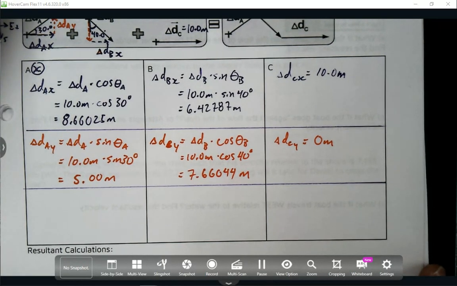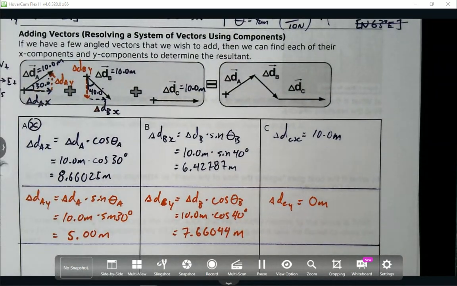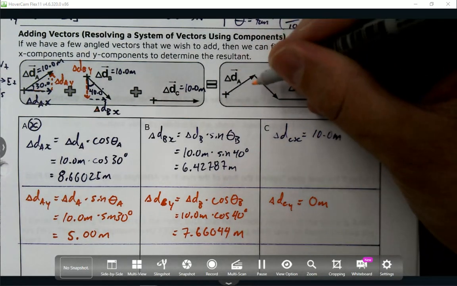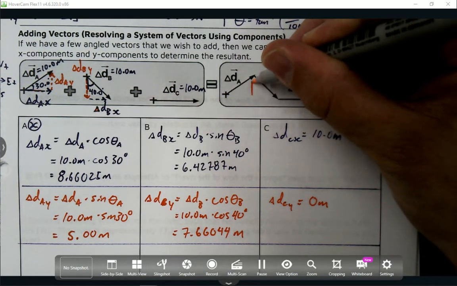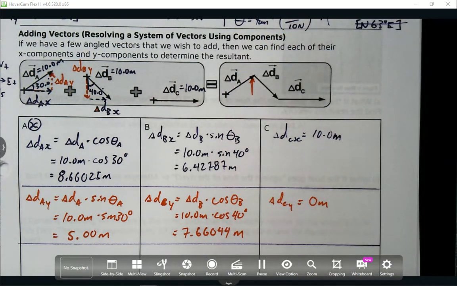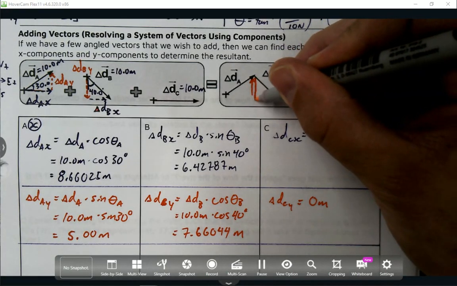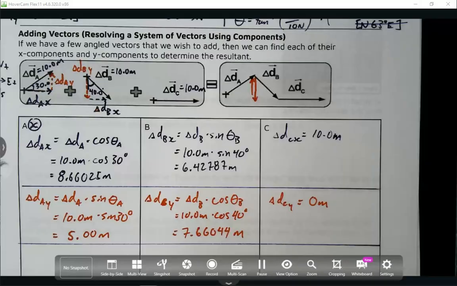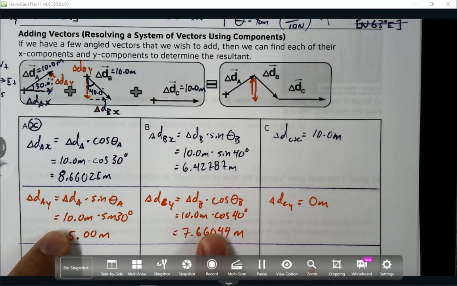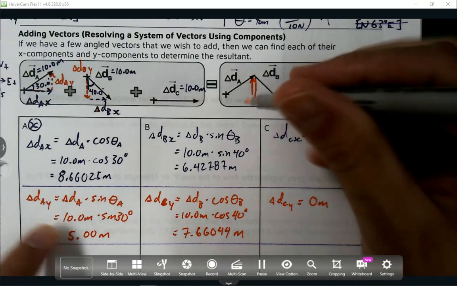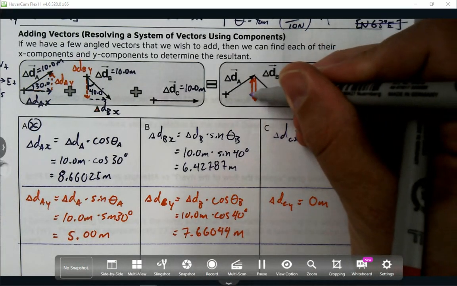Let's go back up to this diagram. It seems to me that delta dAy goes up by this y amount, and delta dBy goes down by this y amount. Agreed? And so it seems to me that if I add up these guys, I should be able to figure out what the difference is.